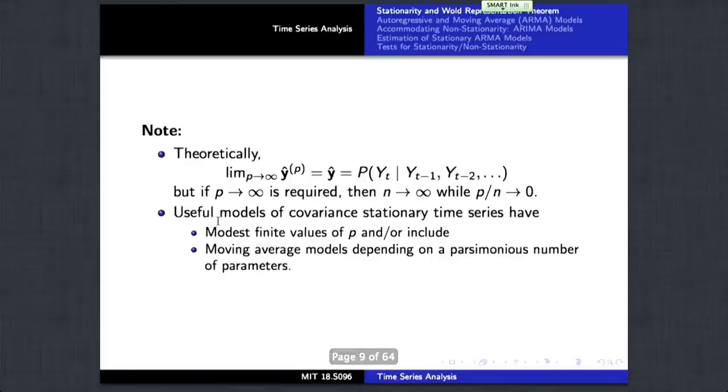And theoretically, as our sample gets large, if we're observing this time series for a long time, then the limit of the projections as p, the number of lags we include, gets large, should be essentially the projection of our data on its history. And that, in fact, is the projection corresponding to defining the coefficients psi.